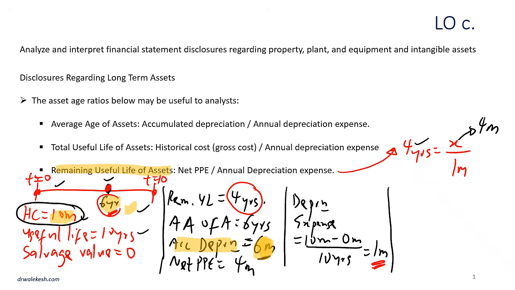So what is 4 million? In the scenario I painted, 4 million is the net PPE. The net PPE is the gross PPE less accumulated depreciation. So you will agree with me that the remaining useful life of non-current assets is net PPE divided by annual depreciation expense.